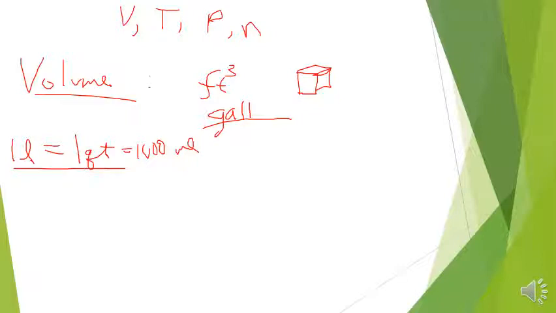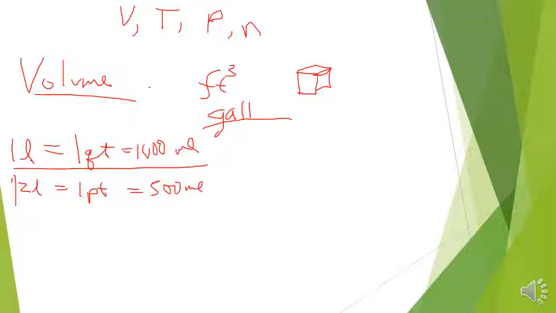So if you have a quart of whatever, it's about 1 liter. Based on this, if you have half a liter, what is that going to be? Well, what's a half quart? I'm not sure if you guys know this, but it's a pint. And half a liter is 500 mils.